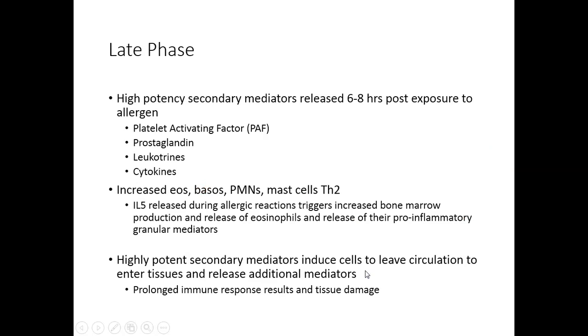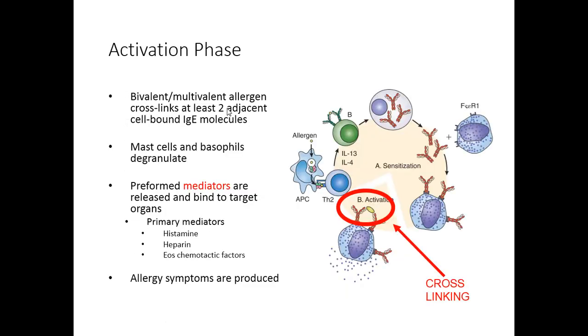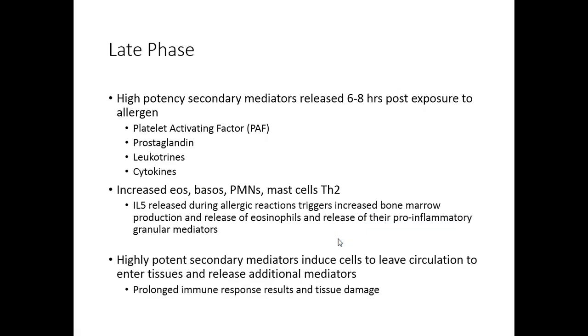It's to induce the synthesis of some secondary mediators. So those granules that got released here are going to signal these cells to produce some additional mediators. And they get released 6 or 8 hours after exposure to the allergen.